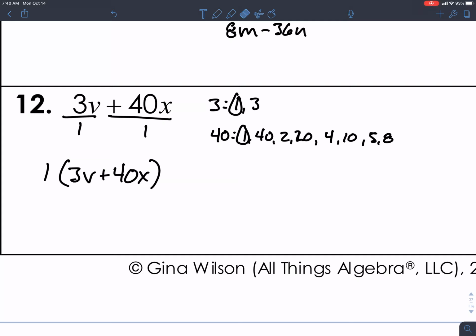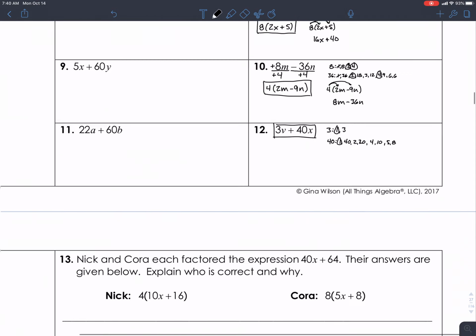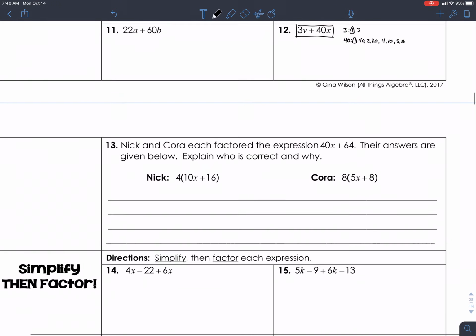So they call this already prime. It's already factored. I don't need to do the work. There's no numbers that go into 3 and 40 that I can pull out and factor. Okay? So let me look on the back real quick.